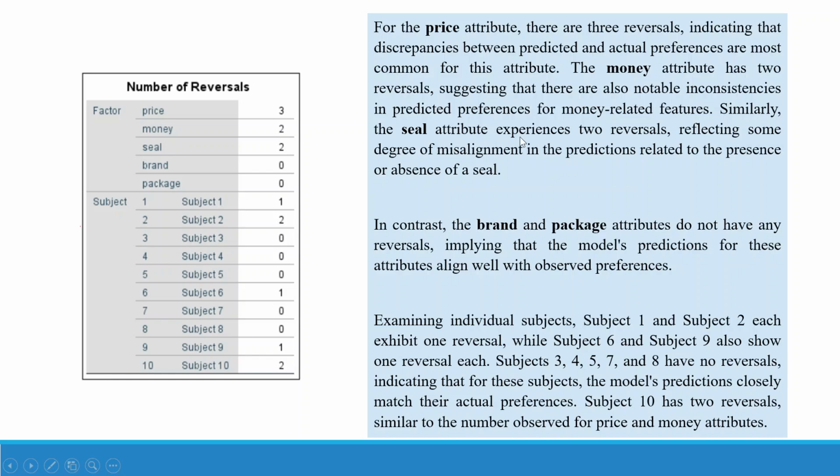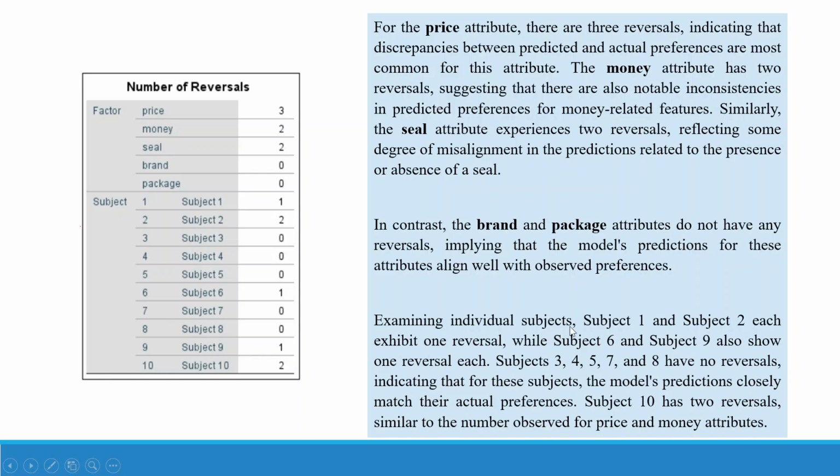Similarly, the seal attribute experiences 2 reversals, reflecting some degree of misalignment in the predictions related to the presence or absence of a seal. In contrast, the brand and package attributes do not have any reversals, implying that the model's predictions for these attributes align well with the observed preferences.